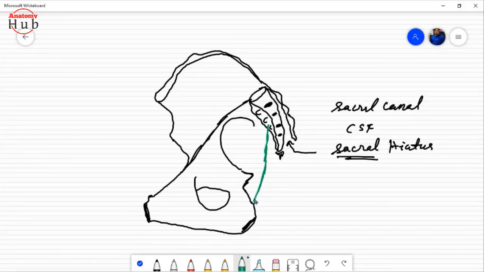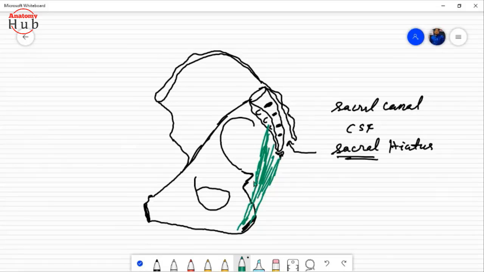This ligament is coming down towards the ischial tuberosity, from the lower border of your sacrum and the coccyx, towards the tuberosity. So this is the ligament.